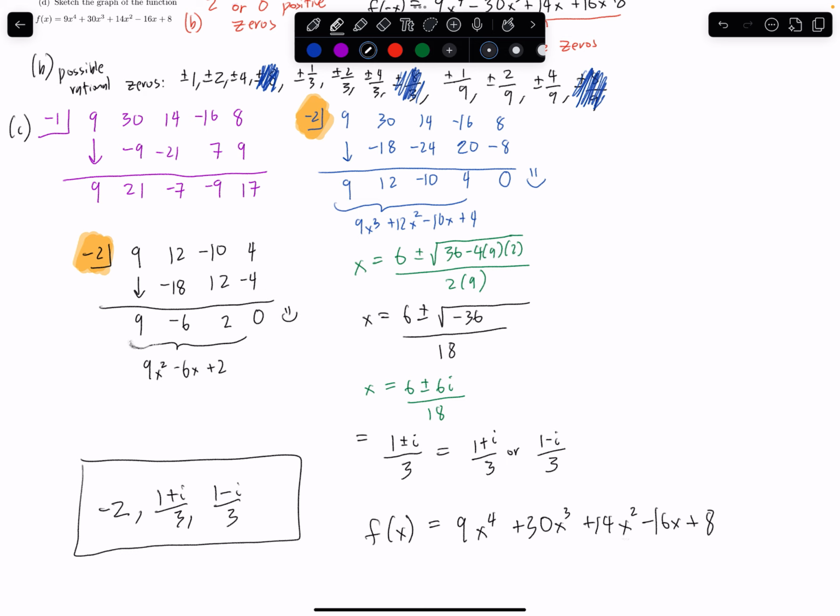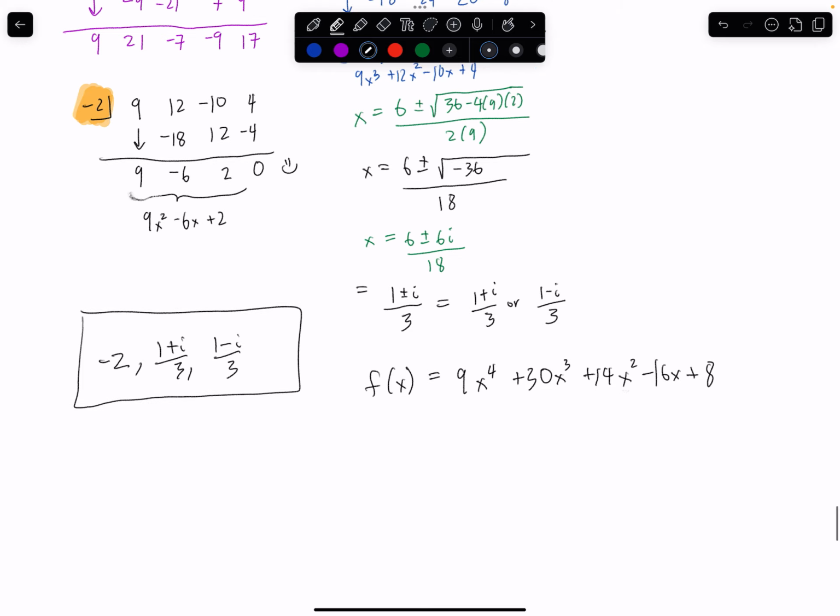So I've got 2 imaginary zeros and 1 double 0. So what that looks like on the graph, it means, physically speaking, my graph only crosses the x-axis one time. There's only one real physical 0 that I can point to, which is at negative 2. 1, 2, negative 2, right there. So my graph is going to cross right there, and otherwise it's not going to cross.